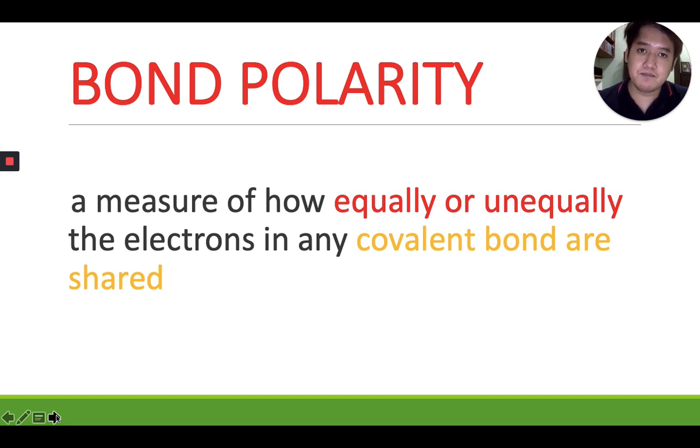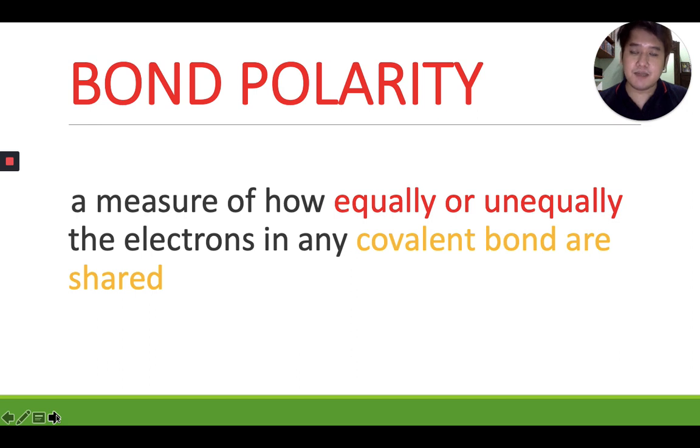When you say polar, there is a separation of charges. That's why you have North Pole, South Pole, or a negative pole and a positive pole. So there are two poles present. Bond polarity is a measure of how equally or unequally the electrons in any covalent bond are shared.